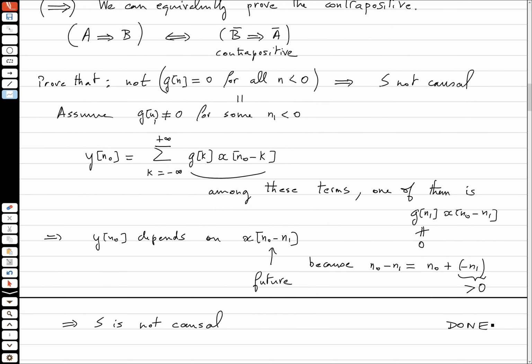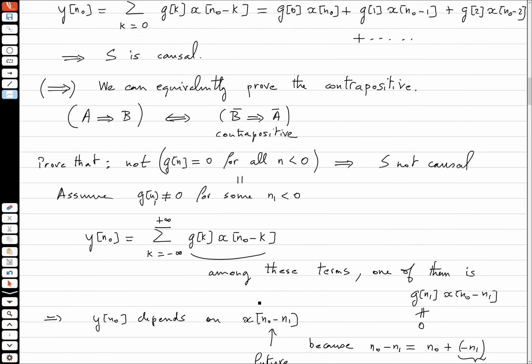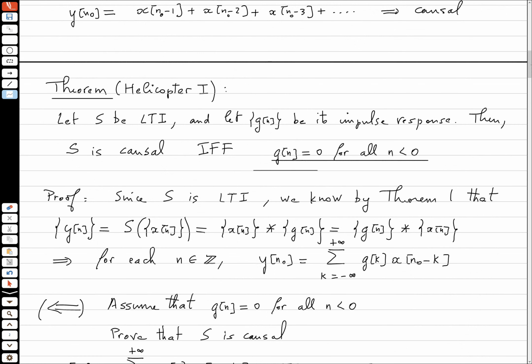So what have I done? I have proved that these two properties are equivalent, but in a different way. Instead of proving this implies this and this implies that, another way to do that is to show that this implies this, and not this implies not that. That is sufficient to prove the equivalence. Okay.